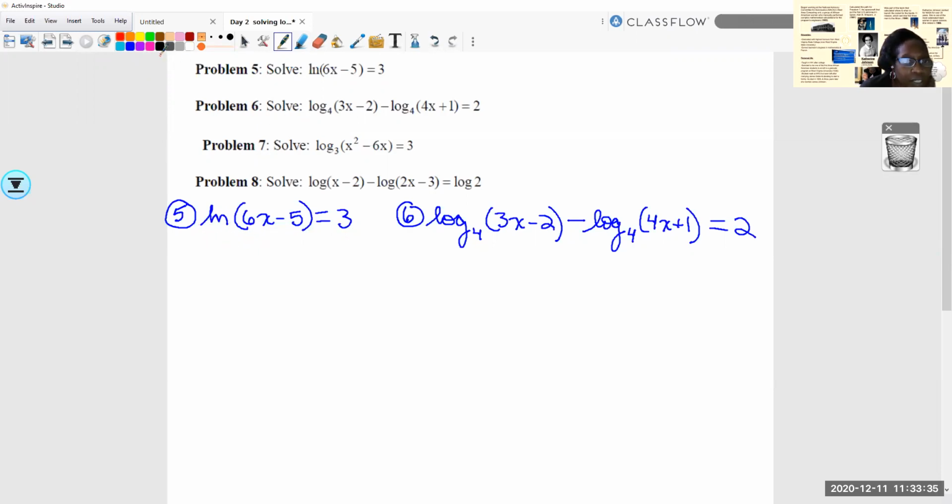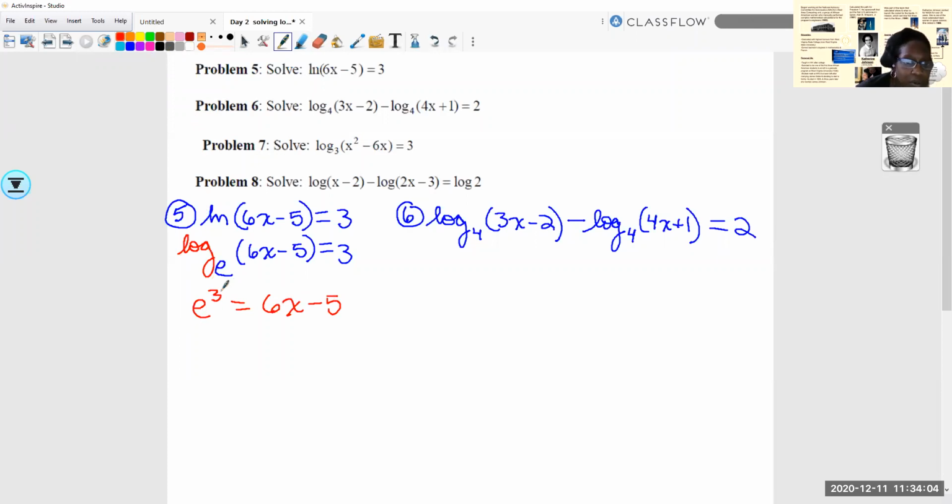So you have to know that this ln is log base e. Now we can rewrite this in exponential form. E to the third power equals. Don't worry about it. We'll just leave this.